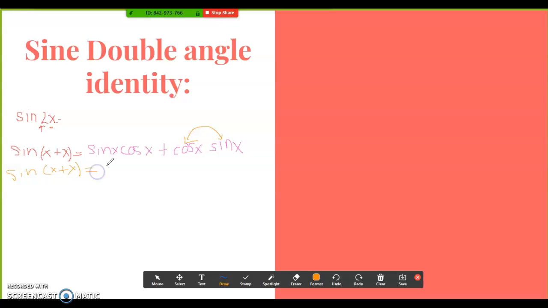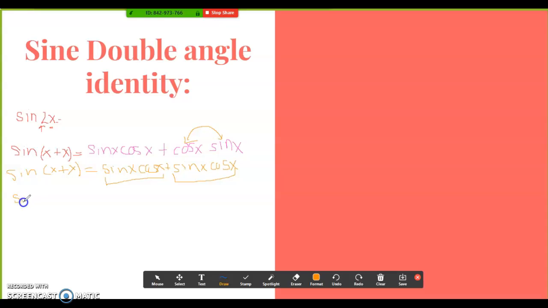I can say this equals the sine of x cosine of x plus sine of x cosine of x. And if I rewrite it this way, I realize that I have the same thing twice that I'm adding together, which means, of course, I can simplify this by just saying that this is 2 times sine of x cosine of x.